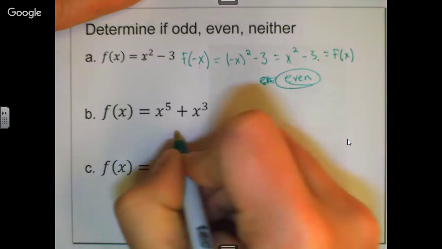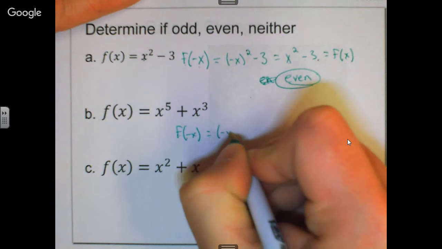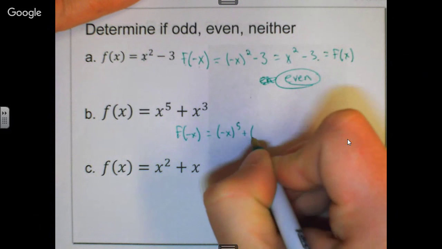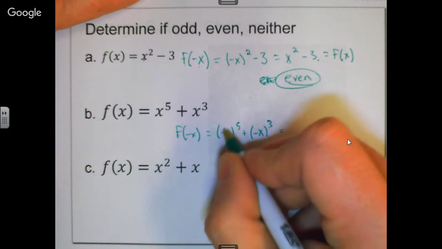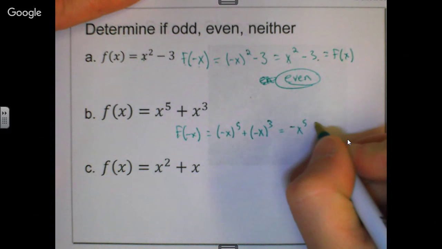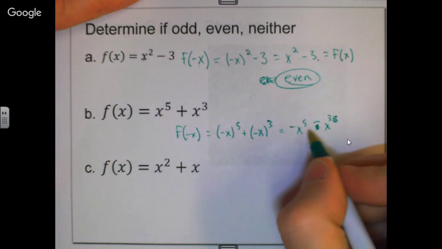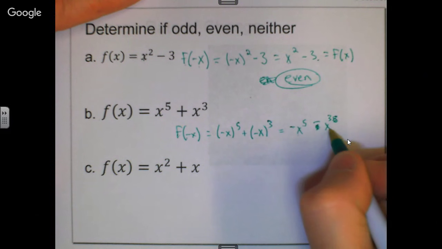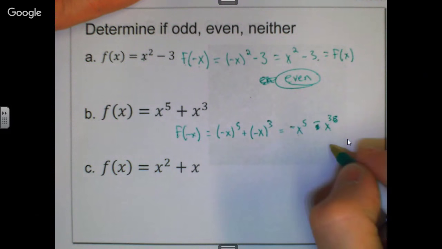Same thing here. f of negative x is negative x to the 5th plus negative x to the 3rd, which, negative x quantity to the 5th is negative x to the 5th, minus x to the 3rd. So negative x to the 5th minus x to the 3rd is the exact opposite of our original function.